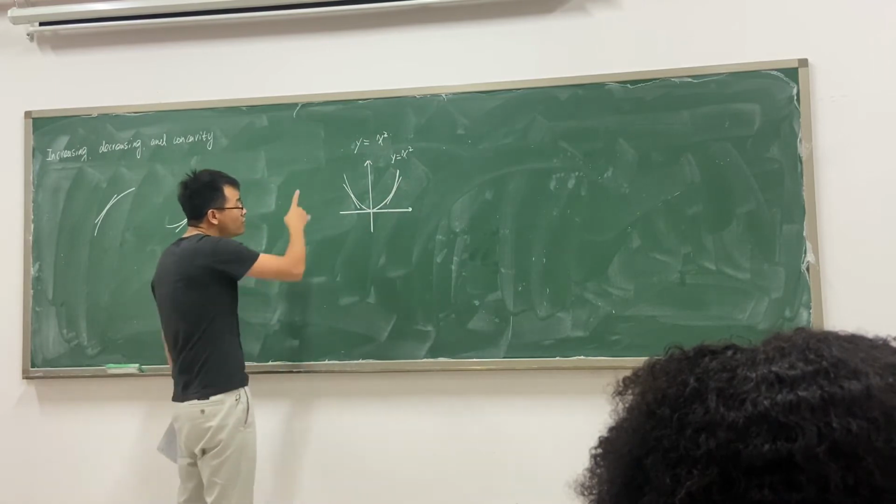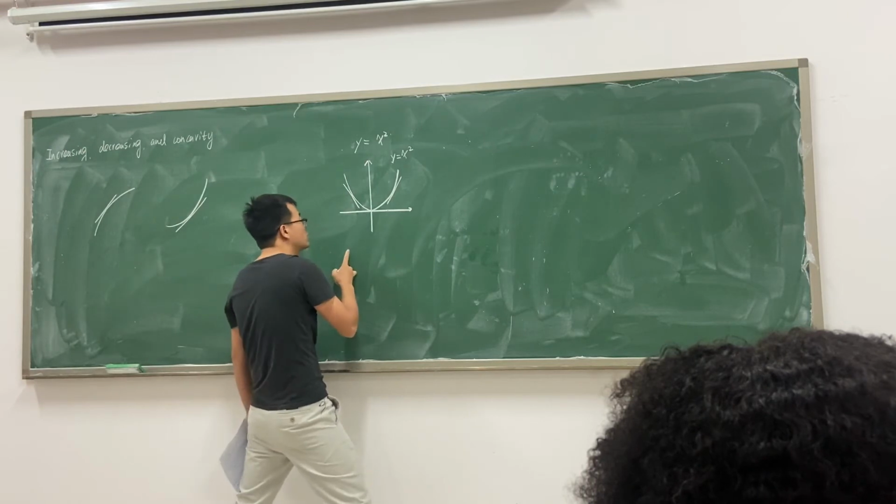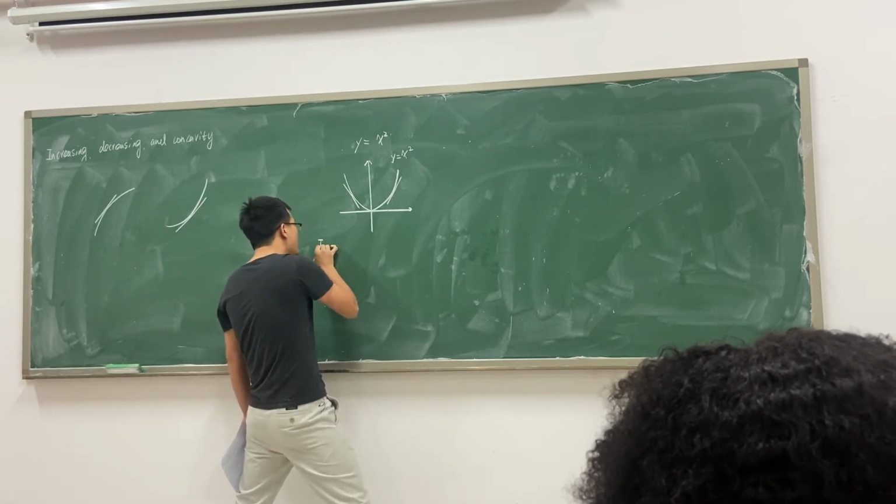So for this graph, we have a feature: the tangent line.